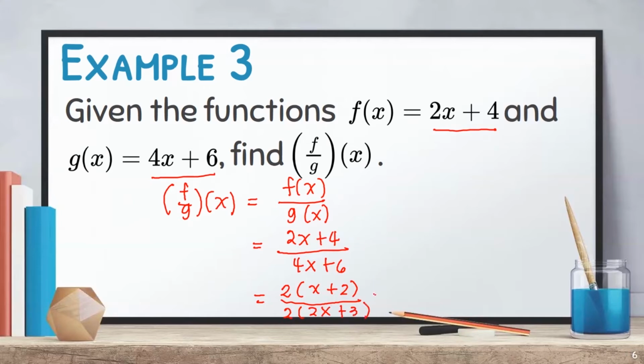From here, we can cancel the common factor, which is 2. Therefore, f over g of x is equal to, once again, we can cancel it out because 2 divided by 2 is equal to 1. So finally, the answer will become x plus 2 over 2x plus 3.